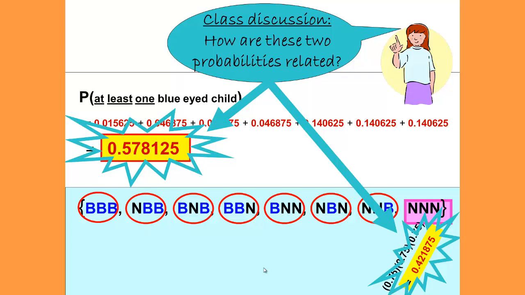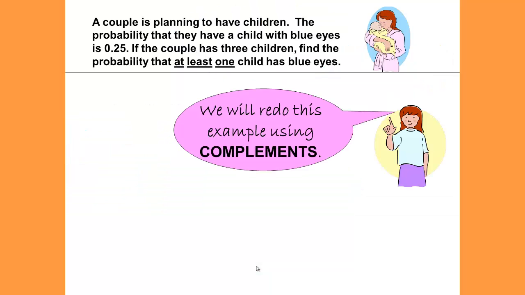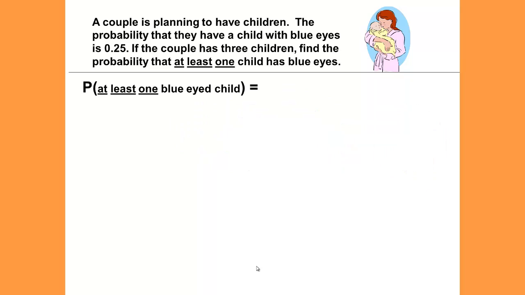Well, since they're complements, they have to sum to 1. And if we knew just the 0.421875, we could subtract from 1 and find the answer.